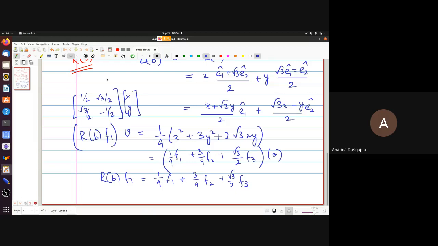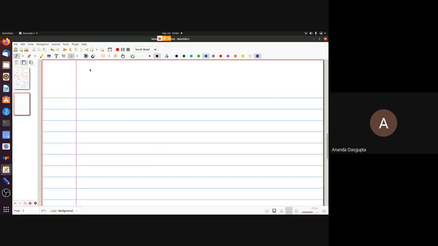So can we quickly do the rest? I need a new page. And just to remind you, LB inverse V is, as you worked out right now, and so RB acting on F2.